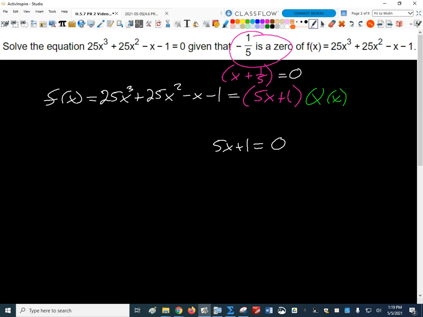I'm going to add some other tools to your tool chest, which we will start on Friday, where I could give you a zero, and you could immediately turn that into another zero. For example, if I gave you 2 minus 3i is a zero, then you immediately know what's another zero that goes with that.